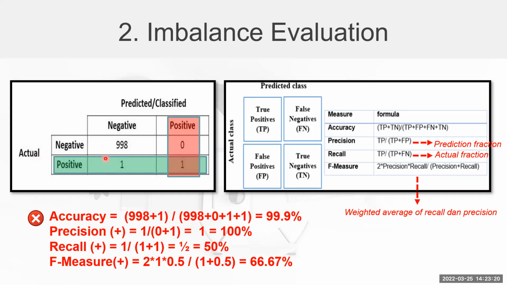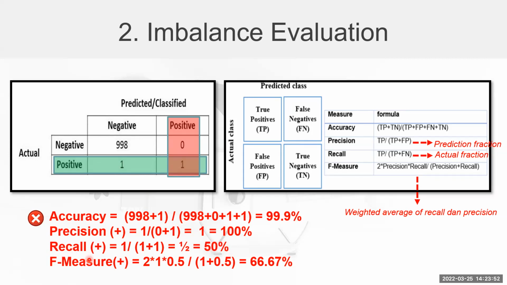Precision is compared to all the predicted positive data. Here the precision is 100% for the positive class, 1 divided by 1 plus 0. For the recall, 1 divided by 1 plus 1, so we get 50%.